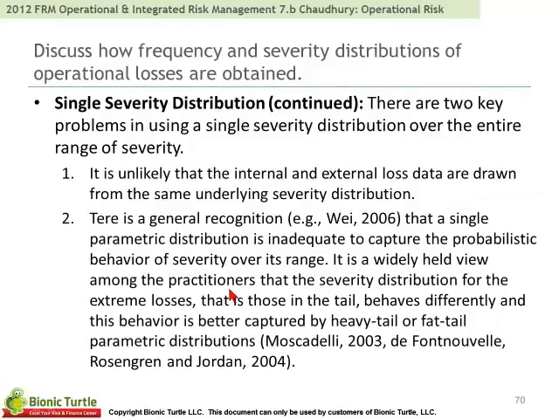There are two key problems in using a single severity distribution over the entire range of severity. One, it is unlikely that the internal and external loss data are drawn from the same severity distribution. And there's a general recognition that a single parametric distribution is inadequate to capture the probabilistic behavior of severity over its range.